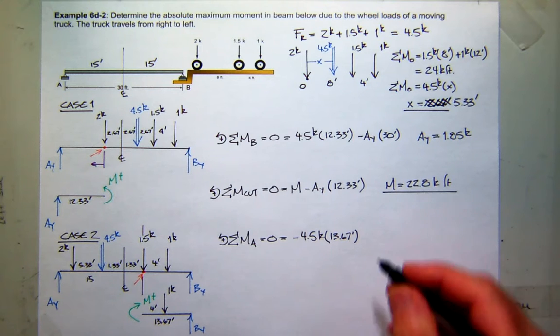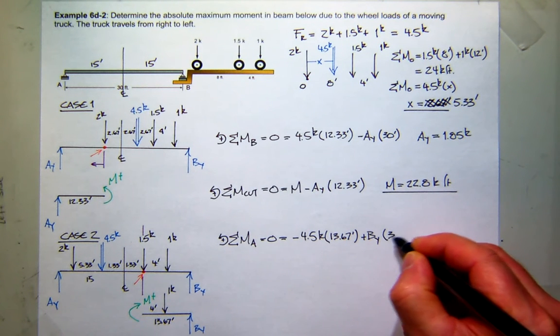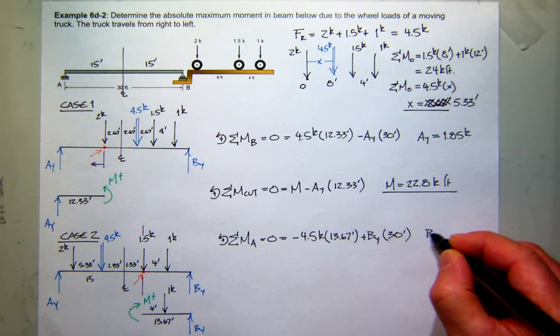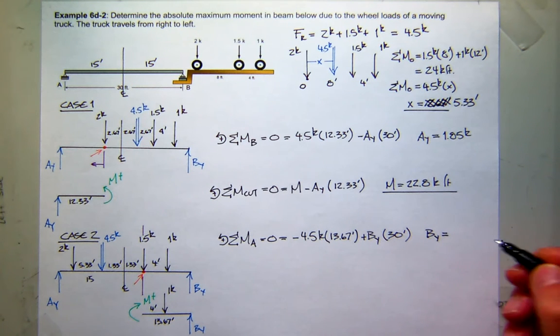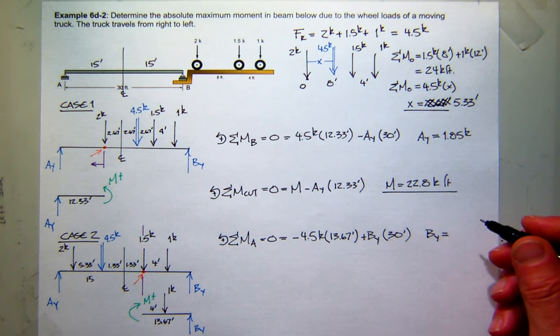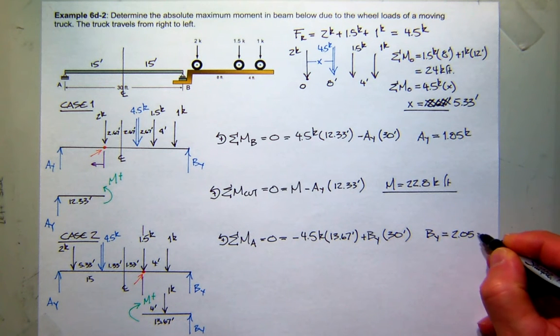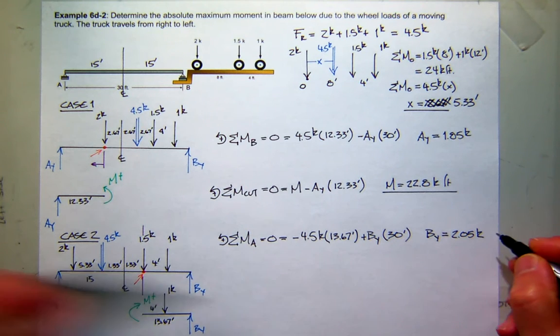And then I have BY creating positive moment, again at 30 feet. So what's BY equal to? 2 something? 2.05? Anybody else get that? Yes. Okay, good.